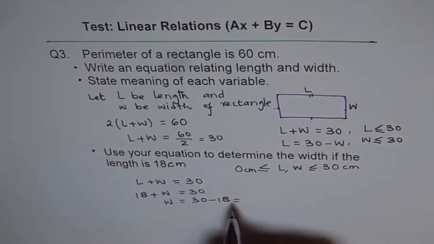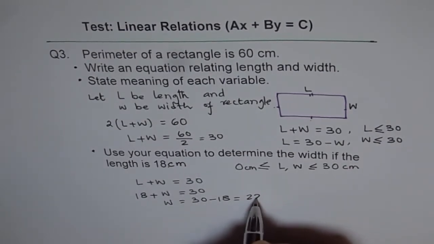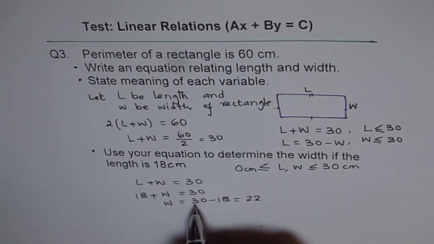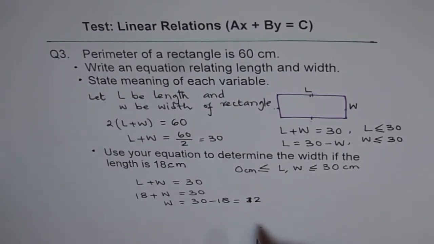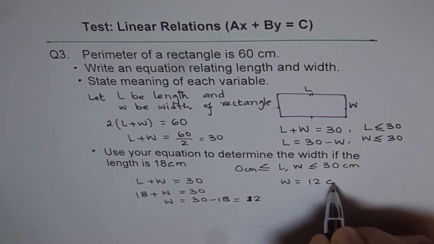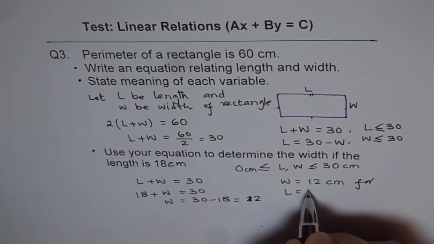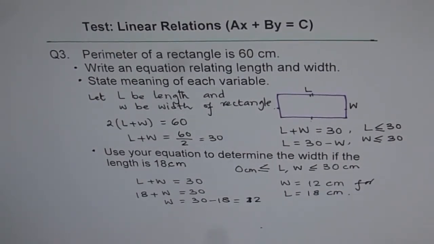And 30 minus 18 is 12, right? So we take away 18 from 30. So it's 12 centimeters, correct? So that is what we get. So we say, well, width equals 12 centimeter for length of 18 centimeter, correct? So that becomes our answer.